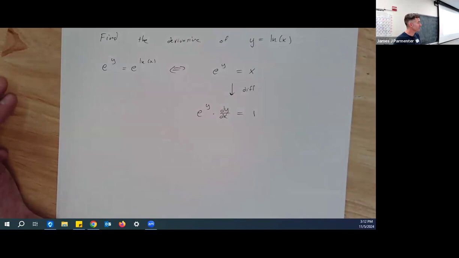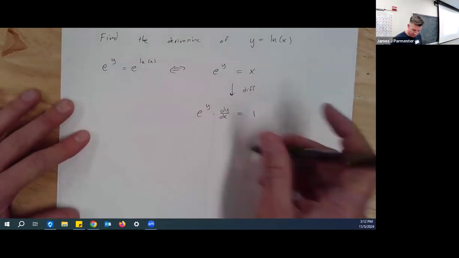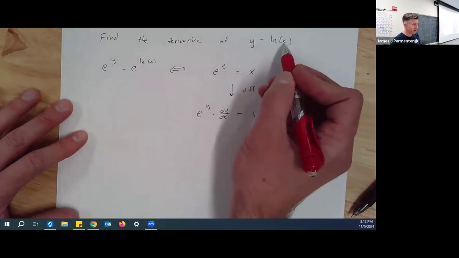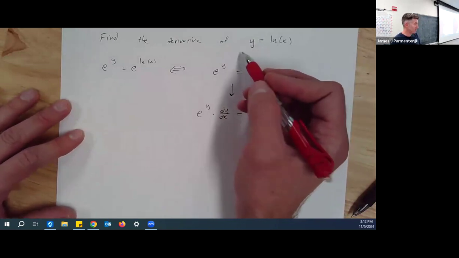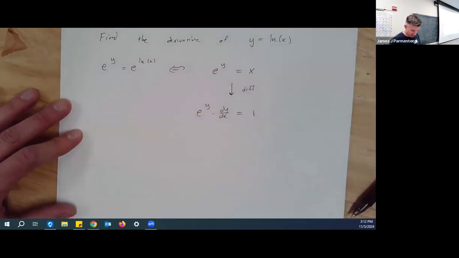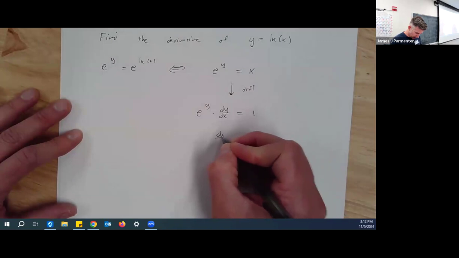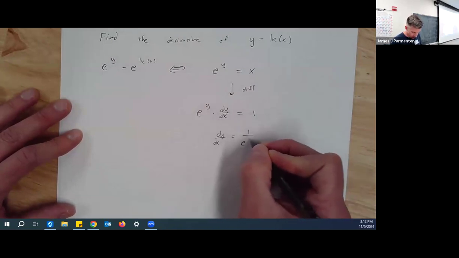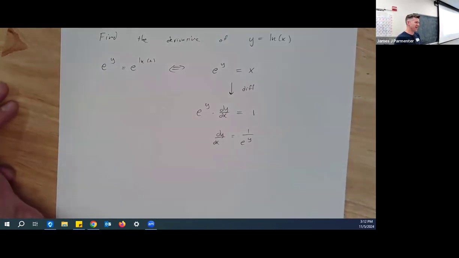Now we're almost done. If we solve for the derivative of y, right? If y equals natural log of x, we want to find the derivative of y, which will be the derivative of the natural log of x. I'm just going to divide both sides by e to the y. So dy/dx is 1 over e to the y. I really don't want my answer to be in terms of y.